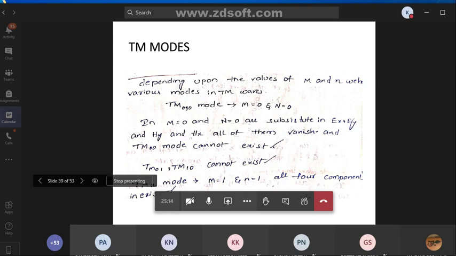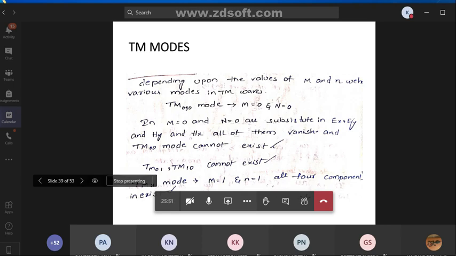So we get Ex, Ey, Hx, Hy equal to 0 for 0,1 and 1,0 in place of m and n. That's why there are no TM01 and TM10 modes either, just as there is no TM00 mode, because the four field components become 0.